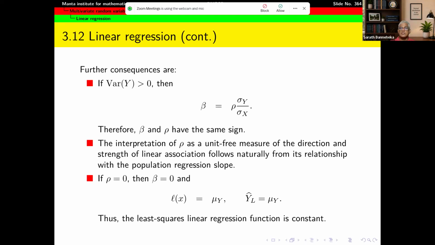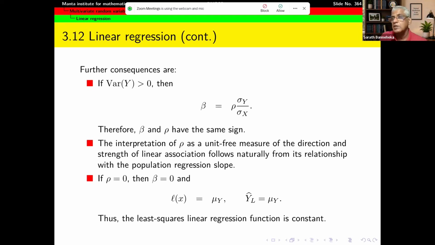The predictor doesn't change with x. So if there is no relationship, no correlation between x and y, then the predictor will be just equal to the mean of y. So if you're predicting y when x and y are not correlated, the best prediction is the mean of y.